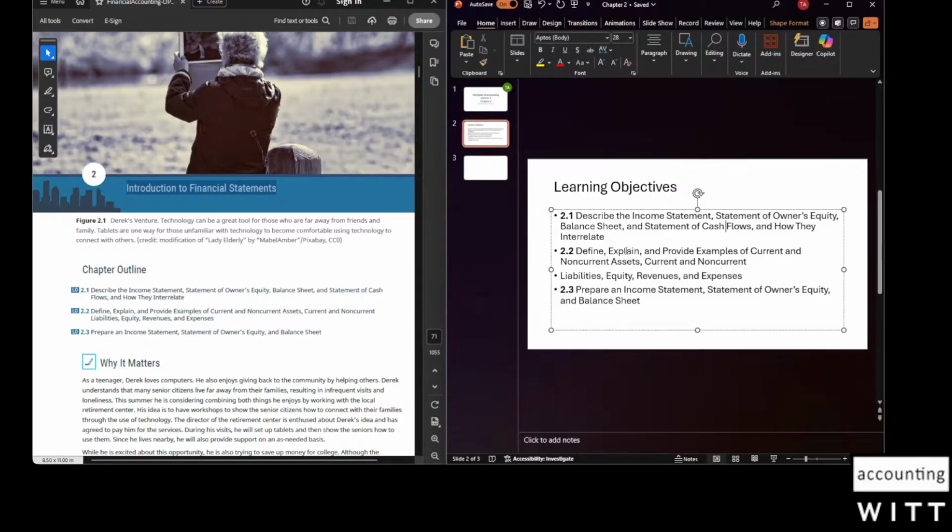That's a big one. Define, explain, and provide examples of current, non-current assets, current and non-current liabilities, equity, revenues, and expenses.